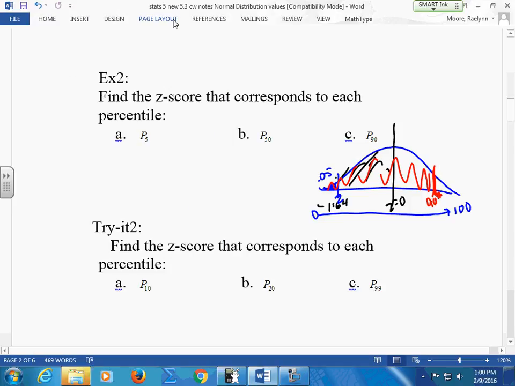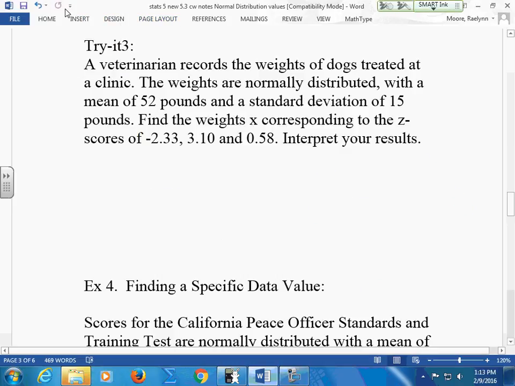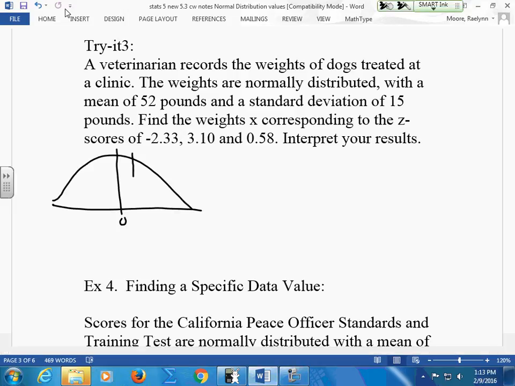Okay, you guys try it too. It's just easier if you start with your curve. I know some of you complain about this, but it makes it far easier to see what corresponds to what. So we start with your mean of 52 and your standard deviation of 15.